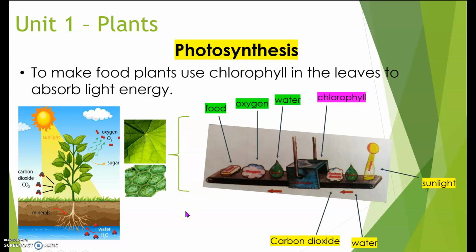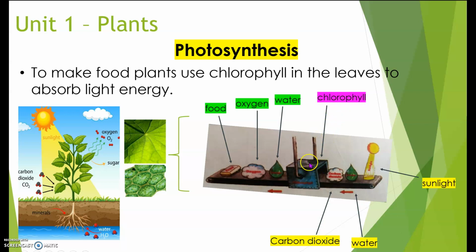Okay, so we have a picture here so we can better understand the process of photosynthesis. Let's say that this is the leaf from the plant. Then the leaf will use chlorophyll.